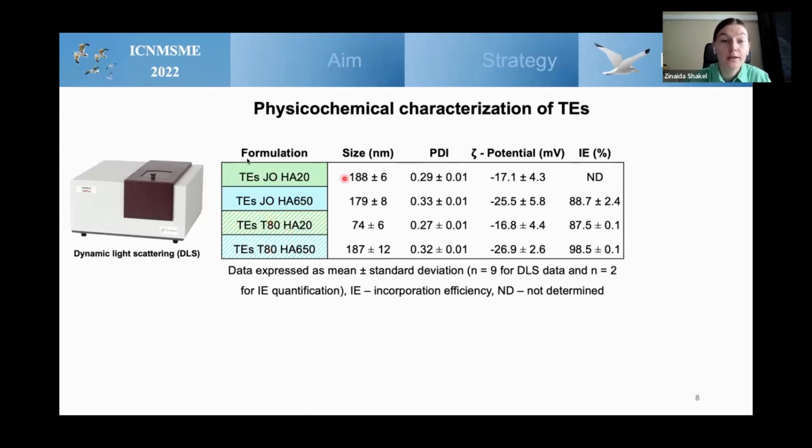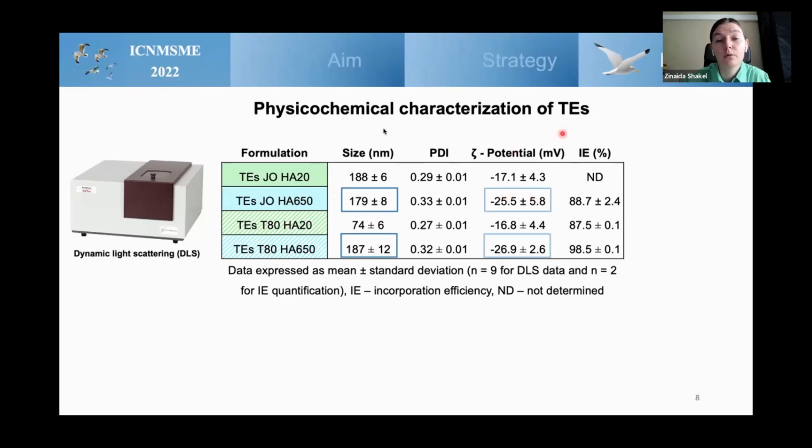We can see that hyaluronic acid with bigger molecular mass has an impact on the size of transethosomes. Also, Tween 80 has an impact and creates smaller transethosomes with the completely same procedure. And zeta potential is also influenced by the big molecular mass hyaluronic acid. We have more negatively charged particles here.